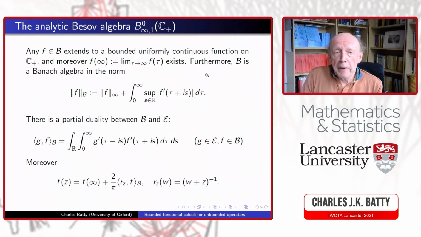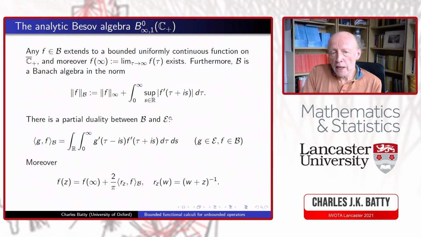The space is a Banach algebra in this norm here. The integral is just the finite integral that determined whether or not f is in B, and this is just the L infinity or H infinity norm coming from the boundedness of f.